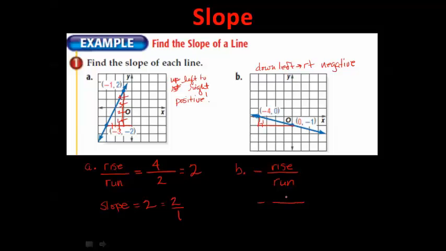So for my rise, I'm going to have 1. And for my run, I'm going to have 1, 2, 3, 4. Looky there. So my slope for this problem is negative 1 over 4. And ta-da, that's it.